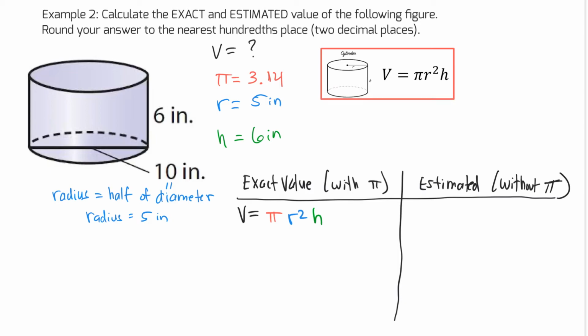Okay, so I rewrote the formula. Now what we've got to do is substitute all these values in. V, I don't know, so I'm going to keep it as V. Pi, I want the exact value, so I'm going to keep it as pi. R is going to be 5 inches, so it'll be 5 squared. And then h will be 6. Next, you just plug 5 squared times 6 into your calculator.